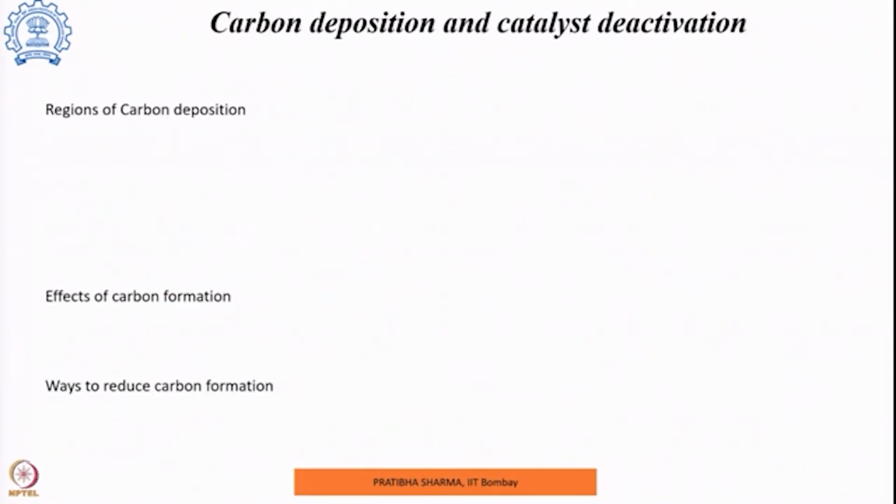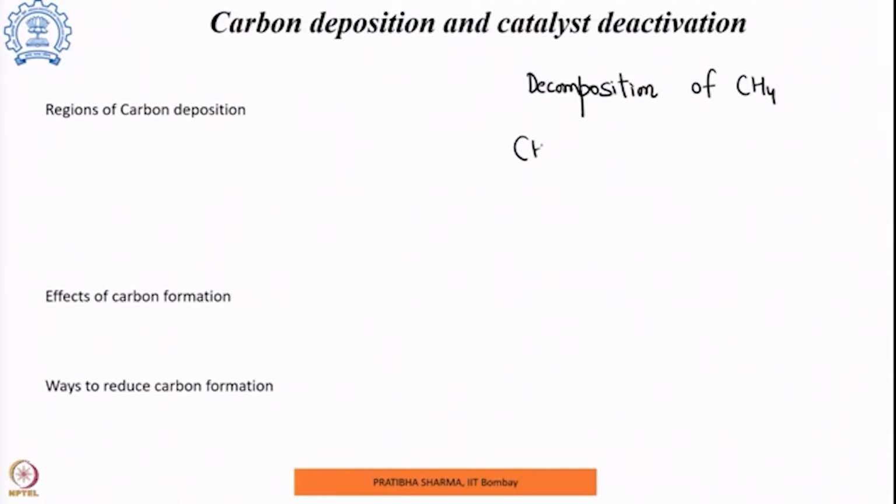Now, as we have seen, in the process of reformation there is a catalyst deactivation problem, and this occurs because of a wide number of reasons. So, the reasons for catalyst deactivation are several other reactions, like the decomposition of methane, which can result in formation of coke.